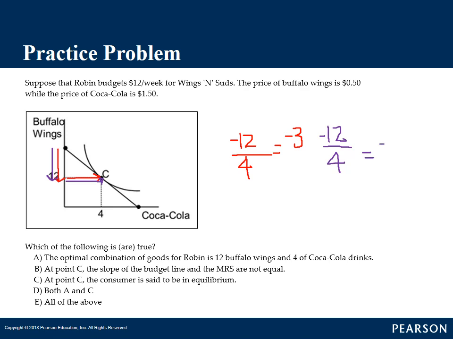So if we divide that out, we can see that the marginal rate of substitution is going to be equal to the slope, which tells us that point B is false. So we had a false for B, we had a true for A, we had a true for C. So the answer to this question is going to be both A and C.